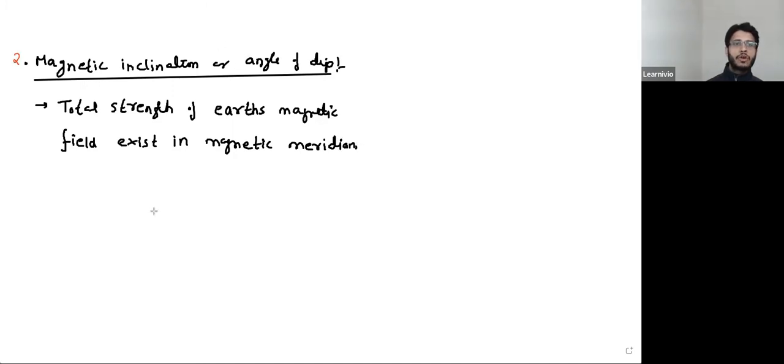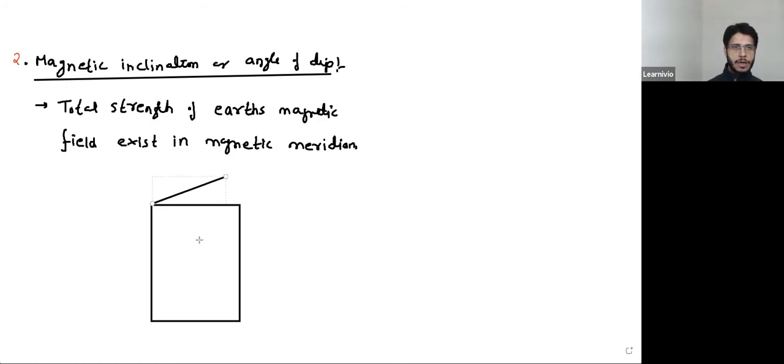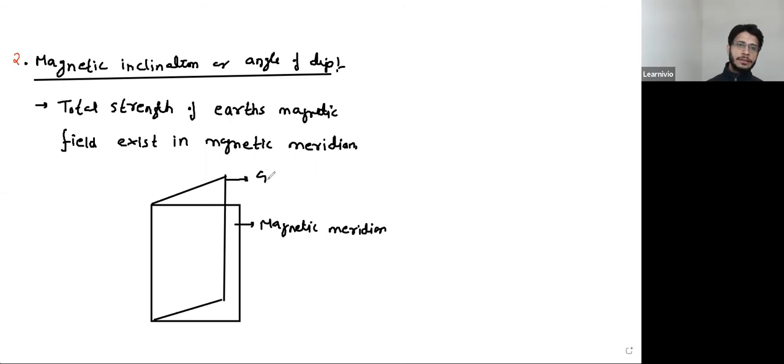So if I can draw both the magnetic meridian as well as the geographic meridian, this is my magnetic meridian, where the total strength of Earth's magnetic field exists, and this is the geographic meridian.